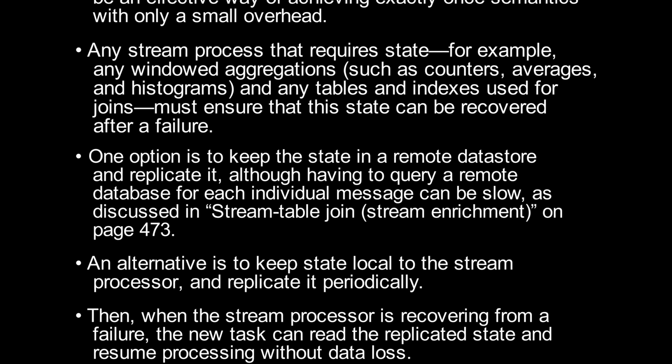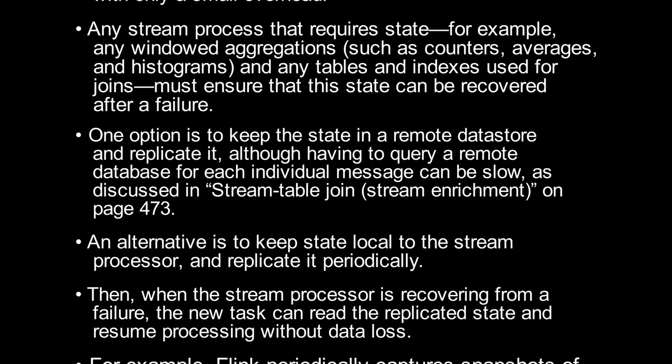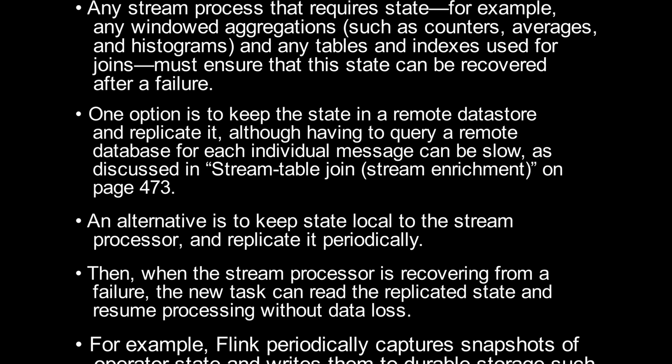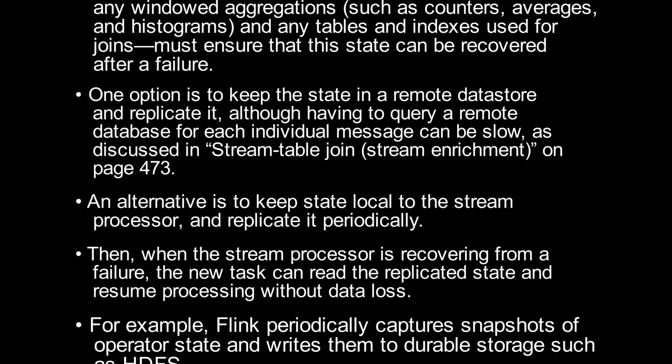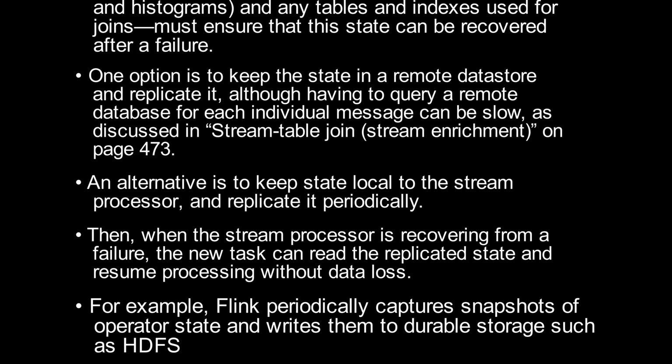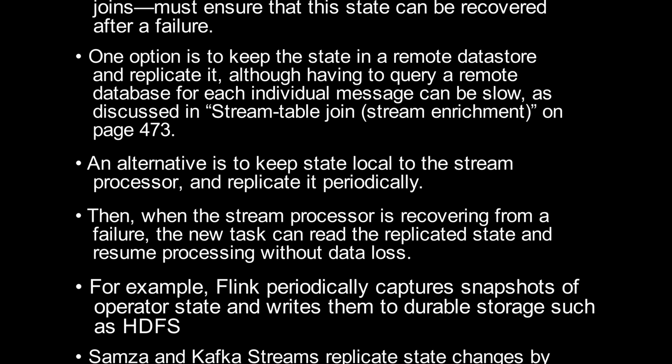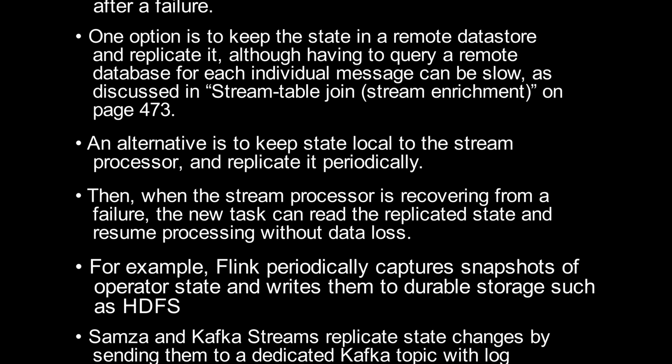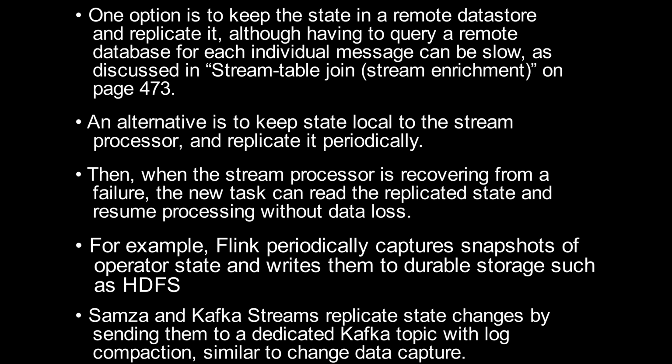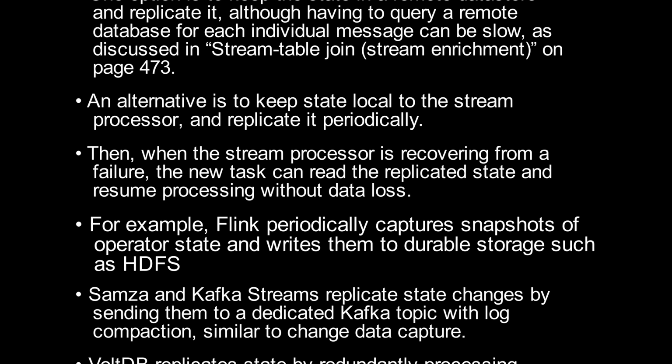An alternative is to keep state local to the stream processor and replicate it periodically. Then, when the stream processor is recovering from a failure, the new task can read the replicated state and resume processing without data loss.